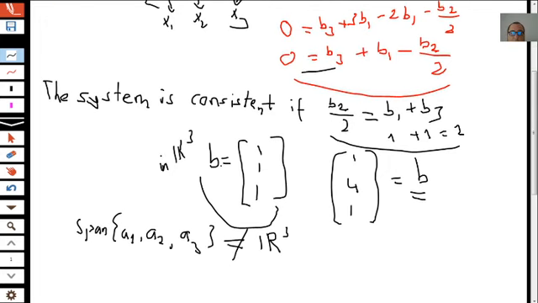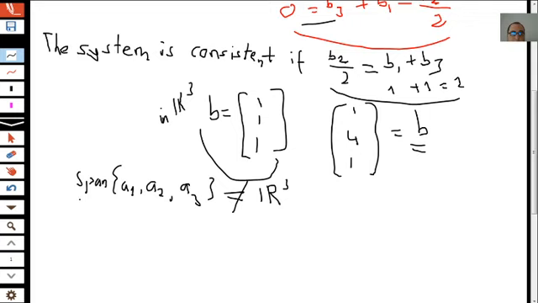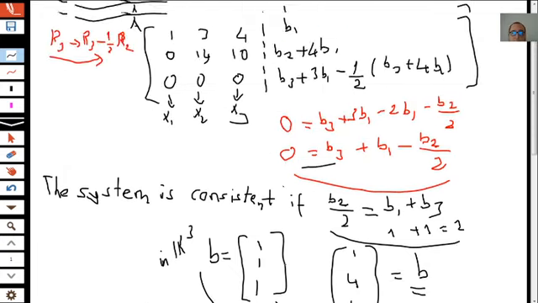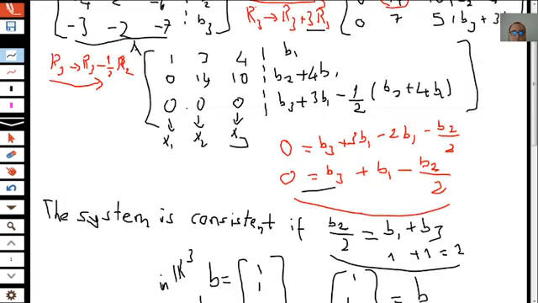Therefore, b is not in the set spanned by the vectors a1, a2, a3, which means this set does not cover all vectors in R cube, so we have this inequality. And as you can see, we don't have a pivot position here. Therefore, the last part of the theorem is also not valid.